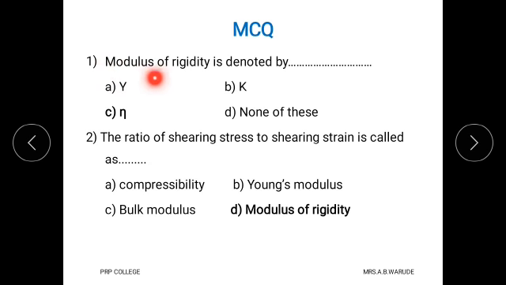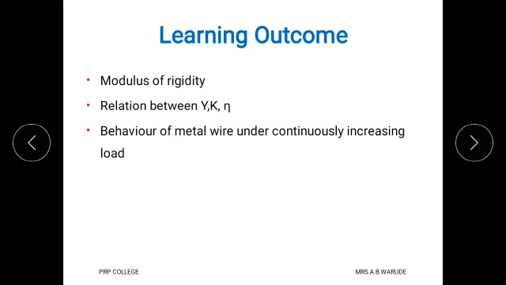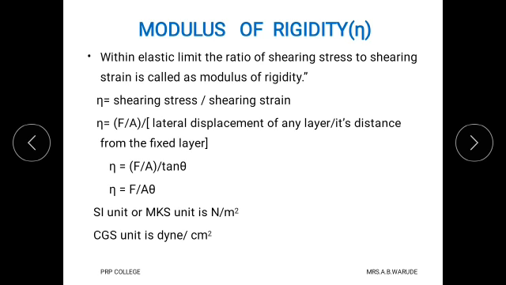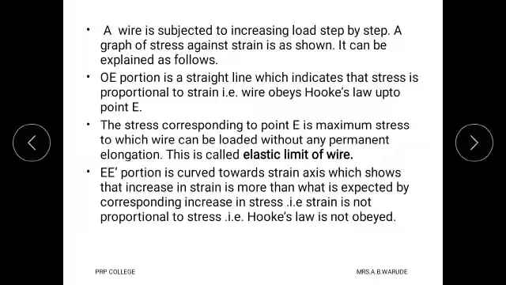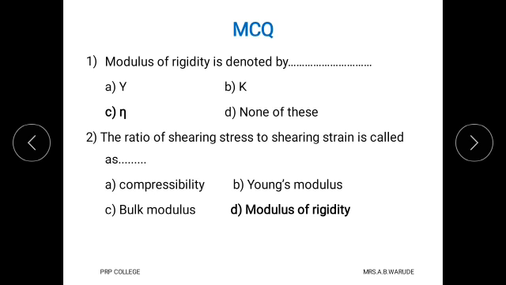First question: modulus of rigidity is denoted by. Option A is Y, option B is K, option C is eta, option D is none of these. As we have seen in the first slide, modulus of rigidity is denoted by the symbol eta, and therefore the correct option is C, eta.